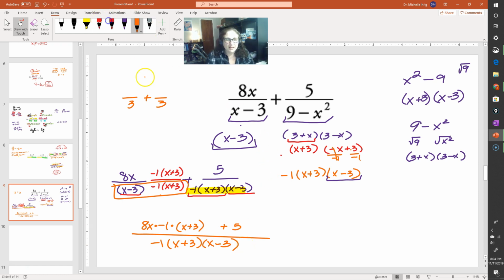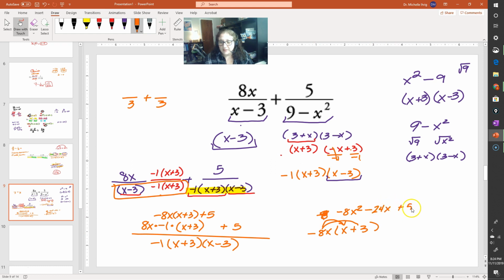Here, I notice that I've got 8 times negative 1 is going to leave me with negative 8x times x plus 3. And then I have my plus 5. So I just keep simplifying it. Well, negative 8x times x plus 3, I can distribute. This is going to be negative 8x squared. Negative 8x times positive 3 is negative 24x.